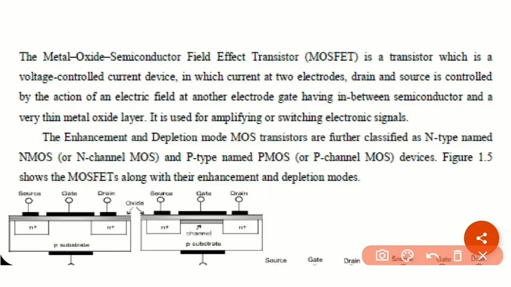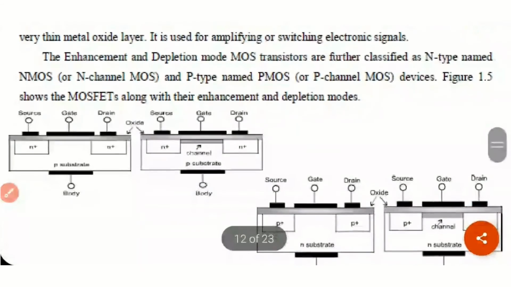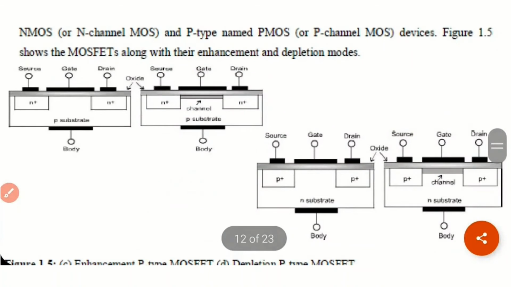Now the next paragraph says, the enhancement and the depletion mode MOSFET are further classified as N-type, named NMOS, and P-type, named PMOS devices. So you are having two devices, PMOS and NMOS. The next coming figure shows you these devices.